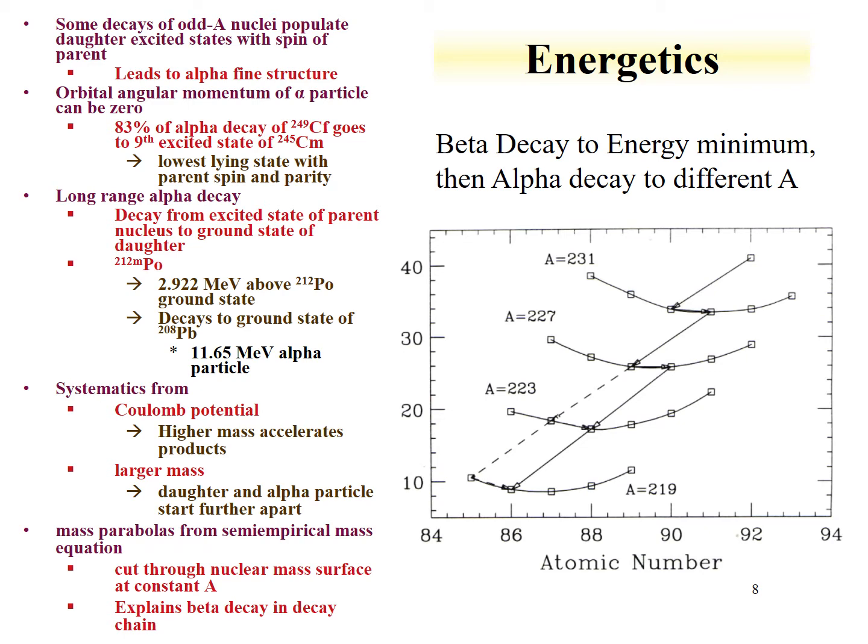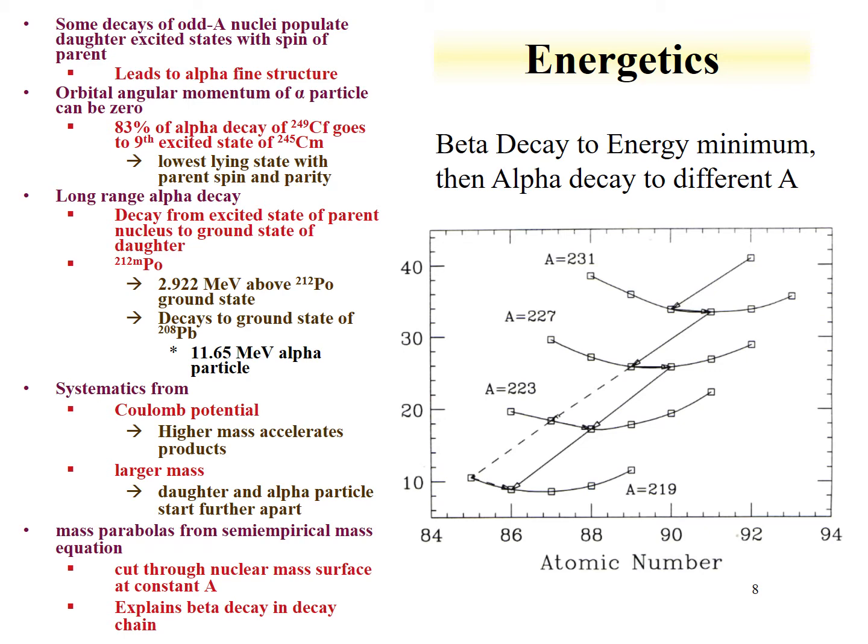So for instance, californium-249 goes to the 9th excited state of curium-245 because that is the lowest lying state with the same parent spin and energy. We'll discuss this in a little bit more detail so that we can understand why certain isotopes have fine structure and certain don't.